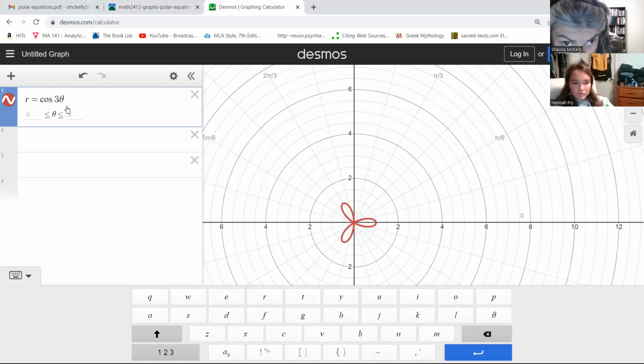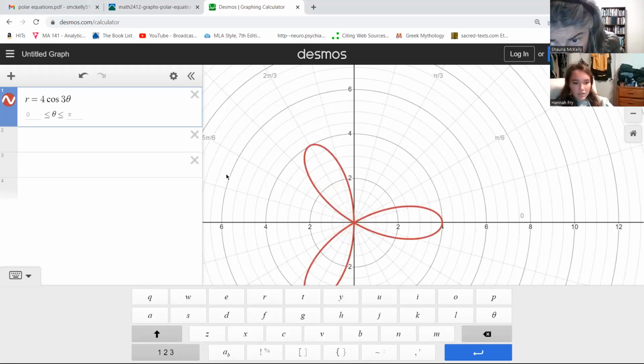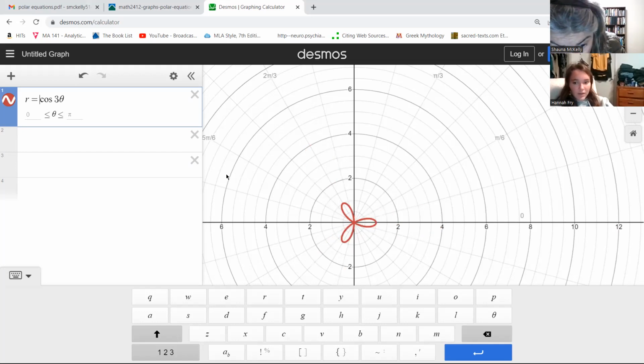What if I put a number in front of cosine? Right now there's a 1 there. What if I put a 2 there? What did it just do? That's essentially the radius, or the length of this petal, you see? So if I put a 4 here, the radius increases.